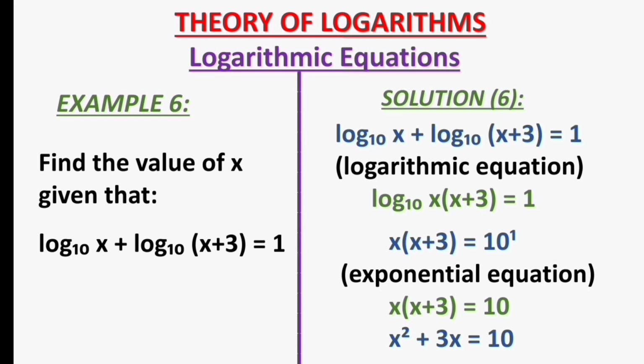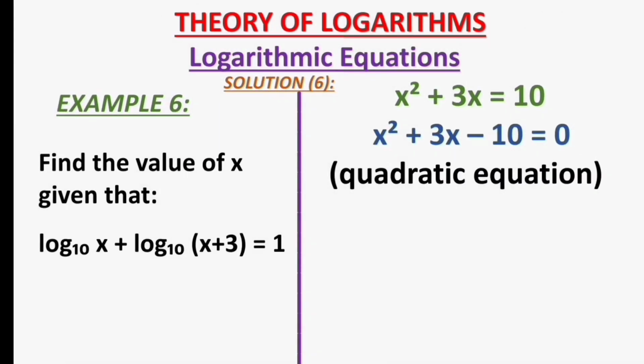When we simplify this exponential equation, we are going to have x into (x plus 3) is equal to 10. Removing the brackets, we have x squared plus 3x is equal to 10. When we arrange this equation properly, we are going to have a quadratic equation, which is x squared plus 3x minus 10 is equal to 0.